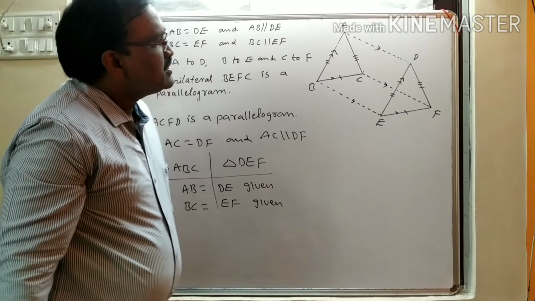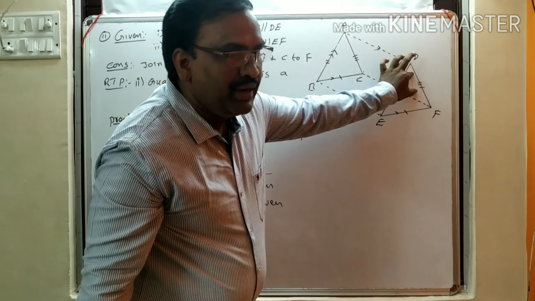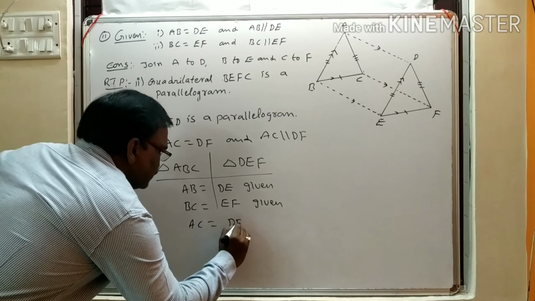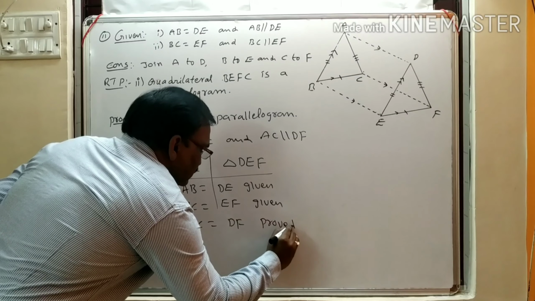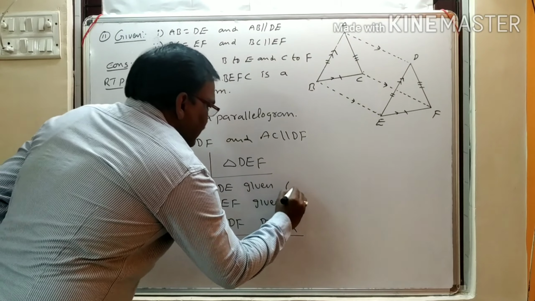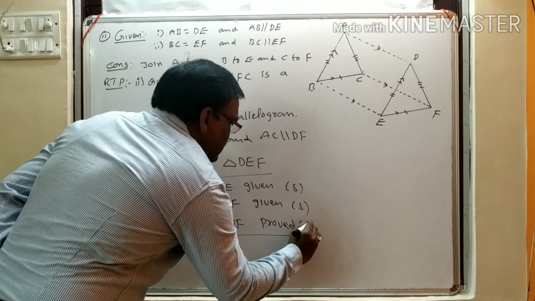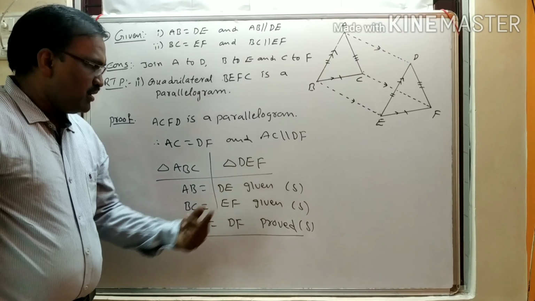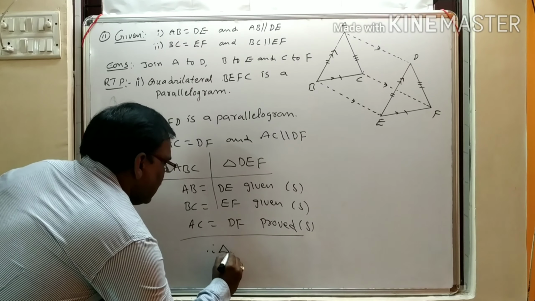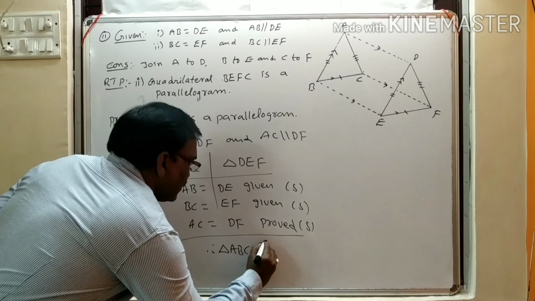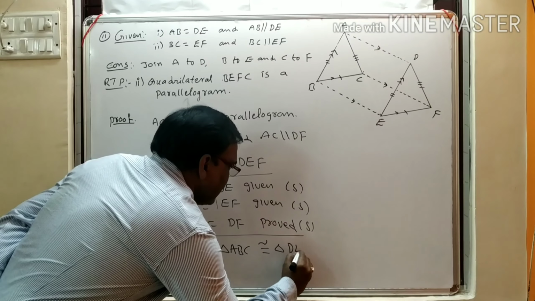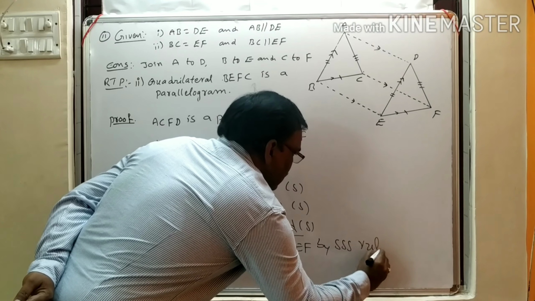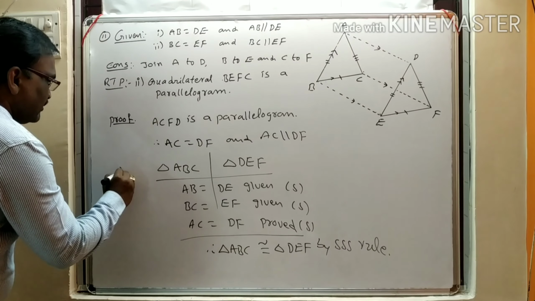Next, now proved AC is equal to DF. So side, side, side. By SSS congruency rule, these two triangles are congruent. Therefore, triangle ABC is congruent to triangle DEF by SSS rule. This is the fifth condition. Hence proved.